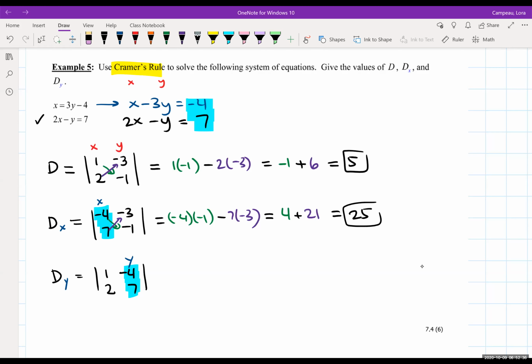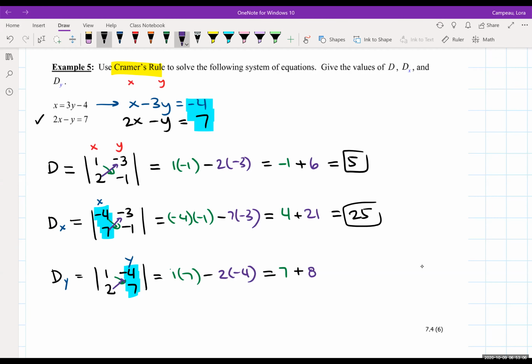So next stage, D sub y. We're almost there. We have 1 times 7. And we're going to subtract off 2 times -4. So this will leave us with 7. And then we're looking at plus 8.